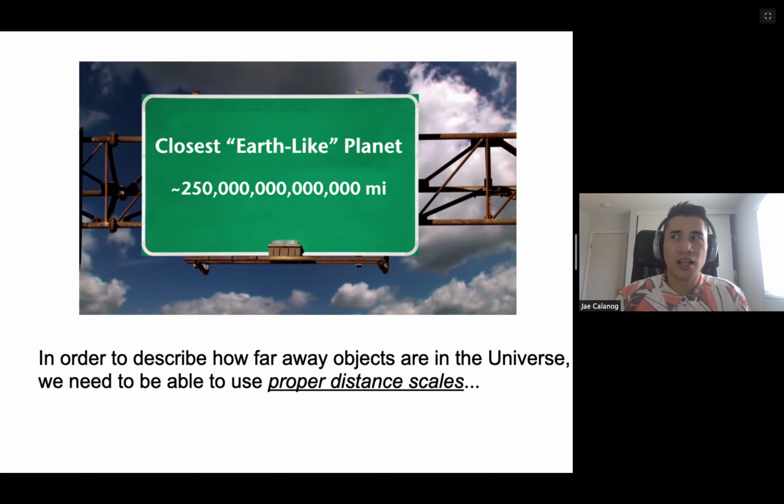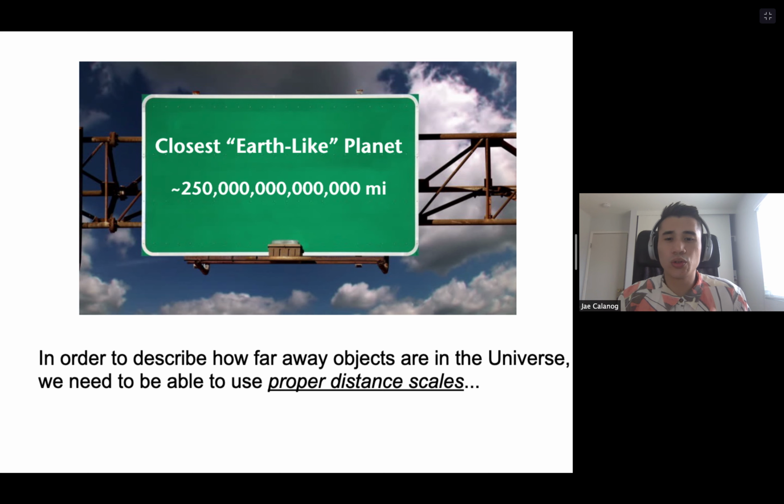And so as astronomers, we don't want to keep having to rewrite that big number every single time. And when you're dealing with these large numbers, it becomes harder to understand what that number actually means. It's harder to comprehend how large of a number that is.